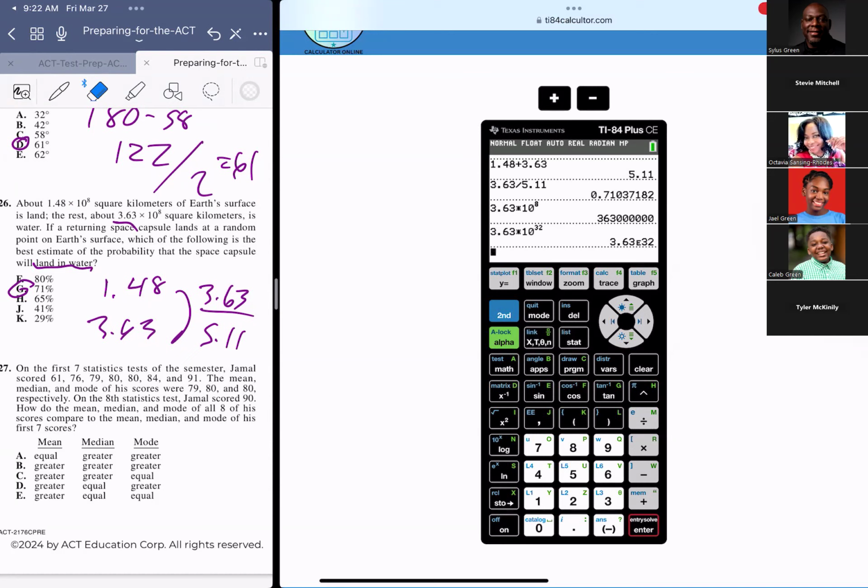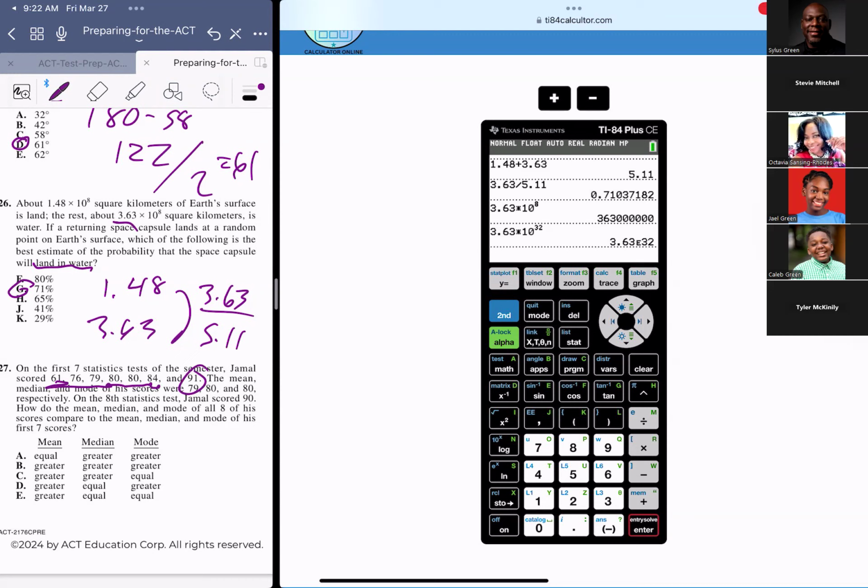Okay, so the mean is the average. The median is the number that's in the middle of everything. And the mode is the number that appears most. So if he scores a 90 on his next one, how do the mean, median, and mode change? The mean would be greater because he's usually scoring lower grades.